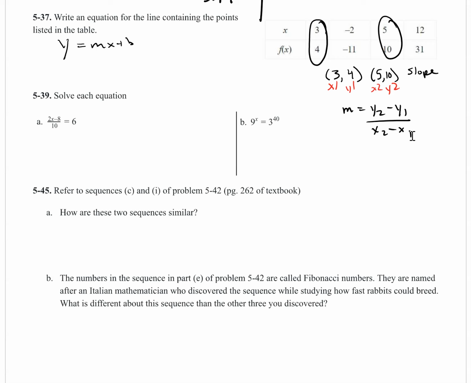Alright, to calculate the slope, plug points into this formula. y2 minus y1, so y2 is 10, 10 minus 4, that's our y1, over x2 minus x1, that's going to be 5 minus 3. So 10 minus 4 is 6, 5 minus 3 is 2, 6 divided by 2 is 3. So our slope, m equals 3.